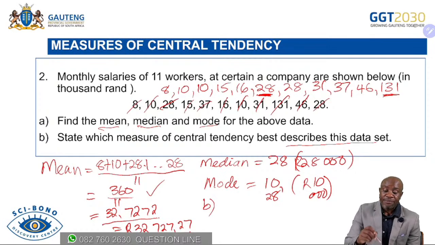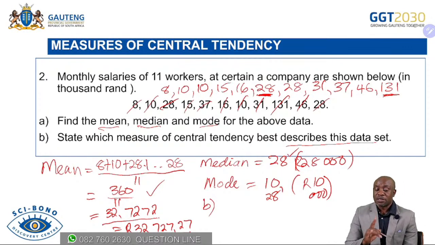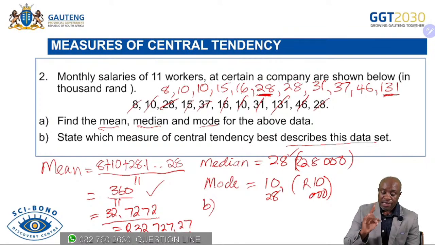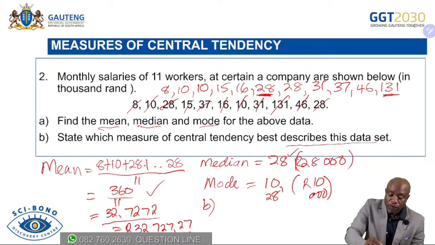So I'll go for the median in this case. So every time, grade 11s, you've got an extreme value, make sure you use your median as your representative for the values. It's a good representative. It best describes your data. So for me, I would say the median best describes our data.